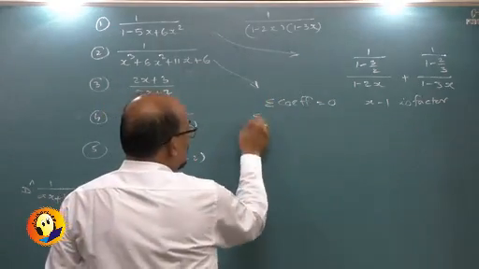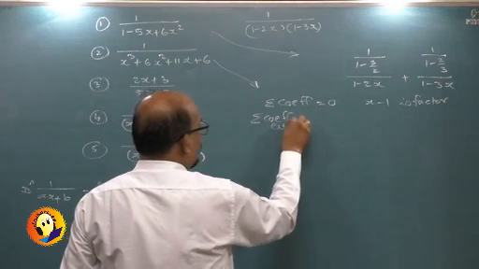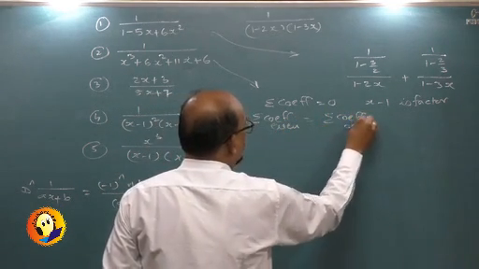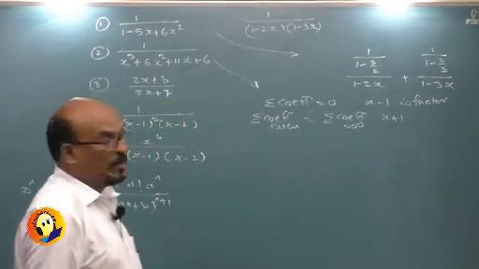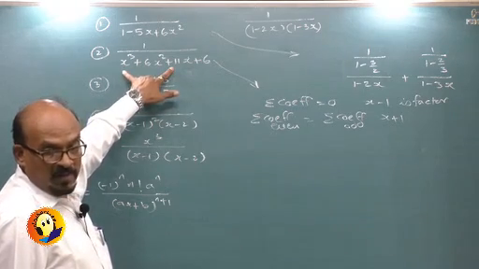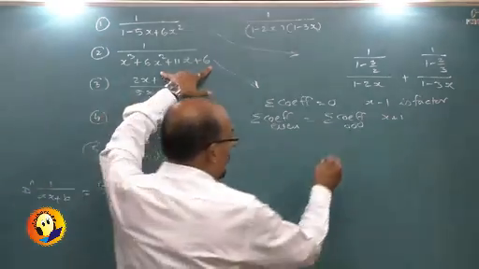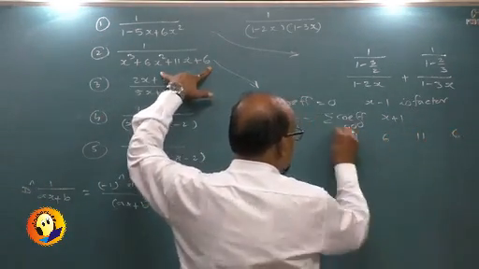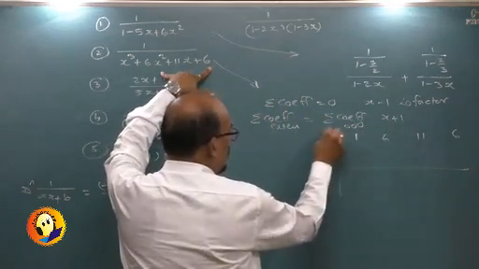And when the sum of coefficients of even powers equals the sum of coefficients of odd powers, then x plus 1 is a factor. So here the odd powers sum is 1 plus 11, 12, and the even powers sum is 12. So x plus 1 is going to be a factor. We write it as 1, 6, 11, 6, and go for synthetic division with the root, that is minus 1.